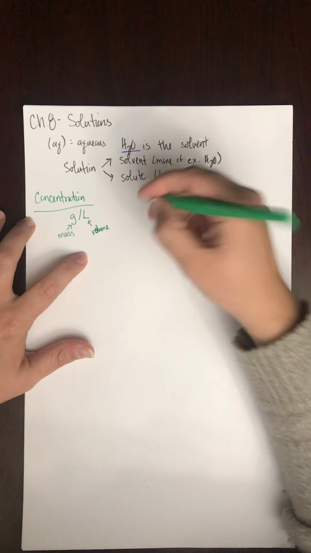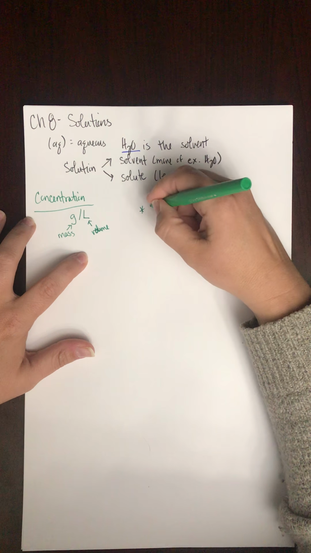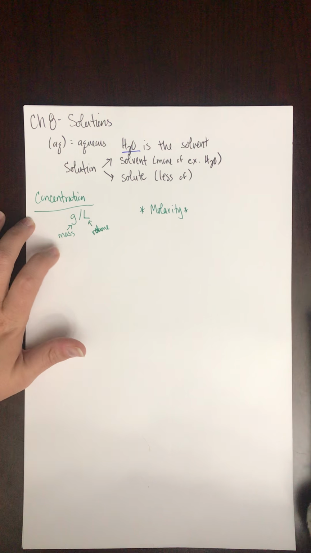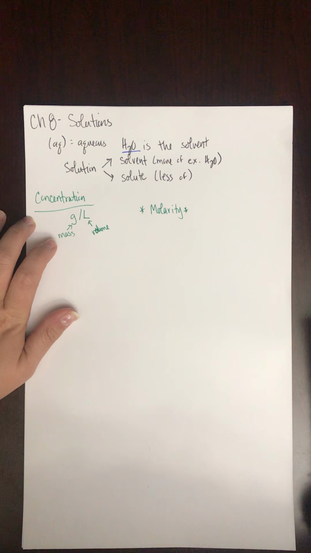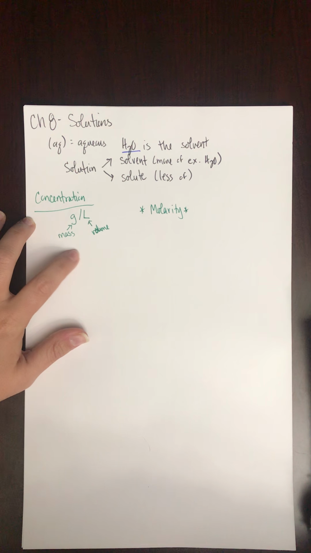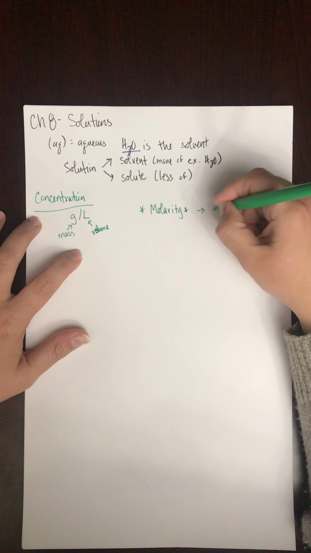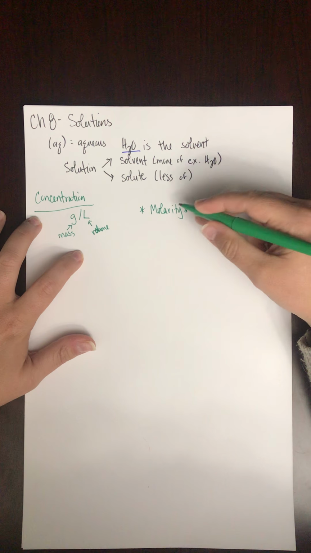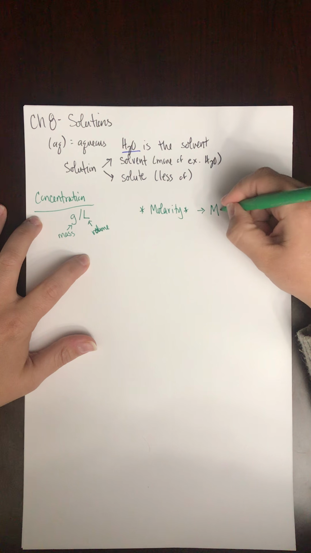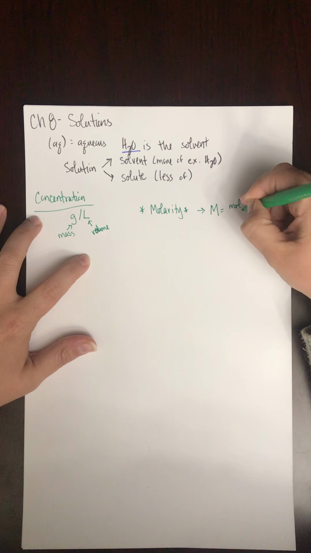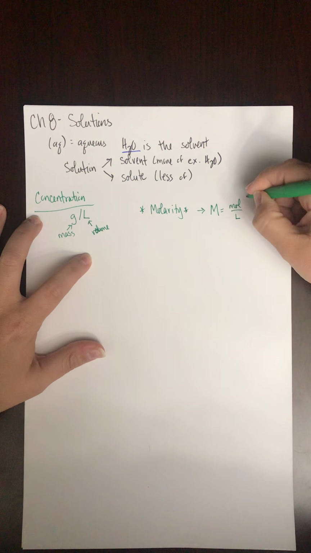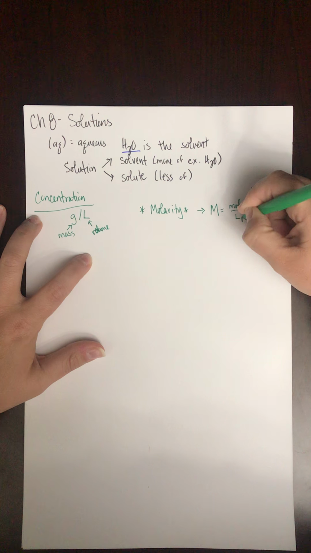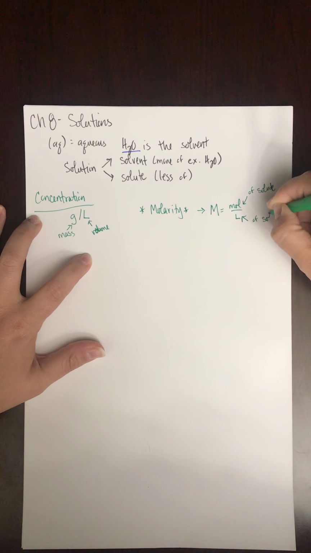Most of the time we will talk about concentration in terms of something called molarity. Molarity has been discussed before, but we're going to talk about it a lot more in these next few chapters. The uppercase M is the abbreviation for molarity, and molarity is moles per liter: moles of solute per liters of solution.